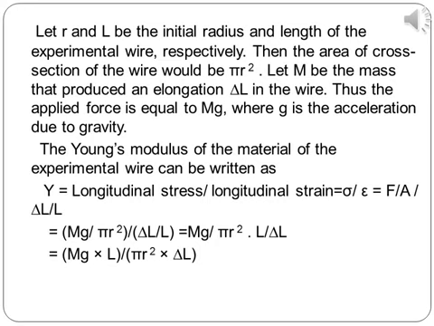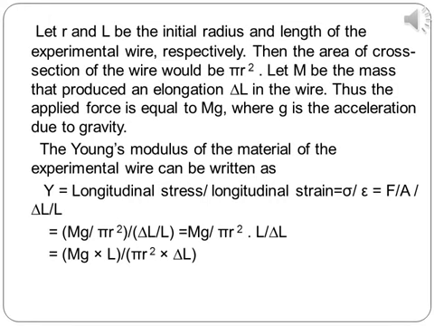It is equal to longitudinal stress divided by longitudinal strain, which is equal to sigma by epsilon, which is equal to F by A whole divided by delta L by L, as sigma is F by A and epsilon is delta L by L. You know that F is equal to mg and A is equal to pi r square.